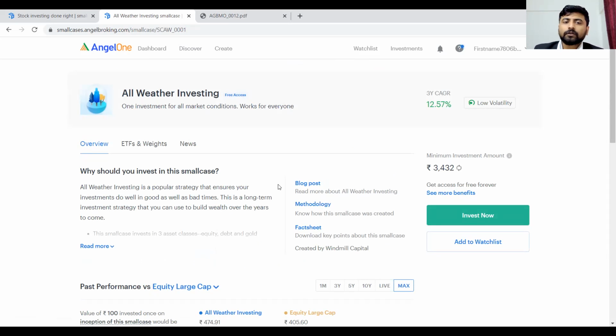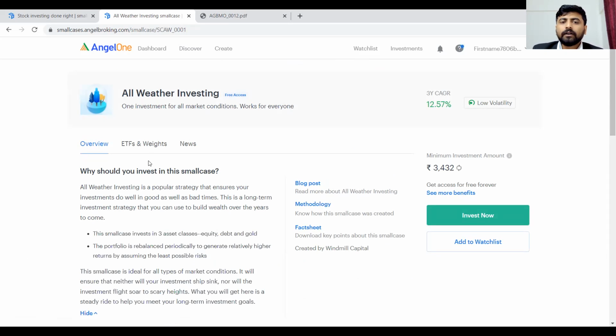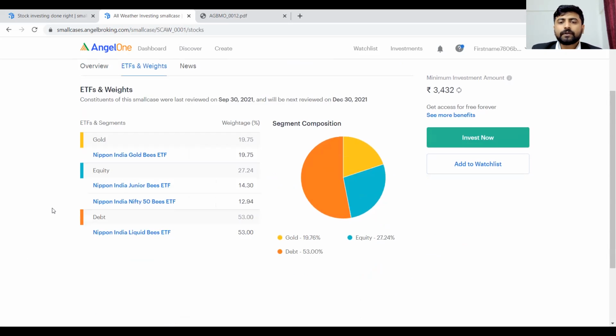Over here, under ETFs and weights, you will be able to see that this small case is made up of three basic sectors or segments. You will find that debt has a 53% weightage, equity has a 27% weightage, and gold has a 20% weightage. Now, how are we investing in these particular segments?